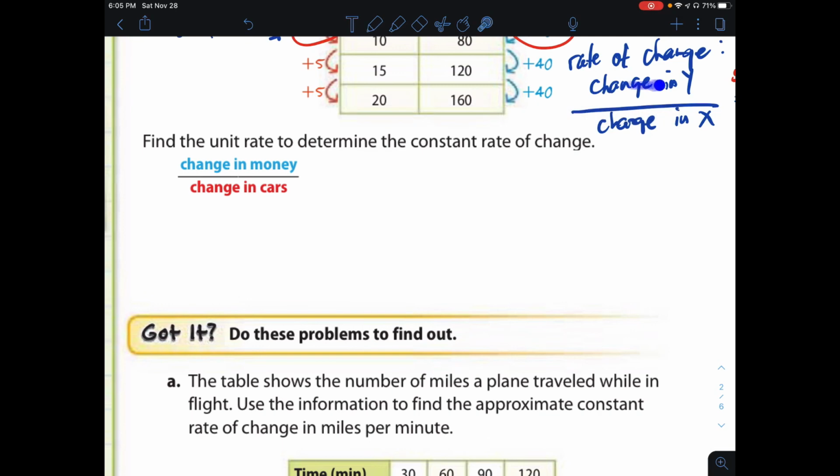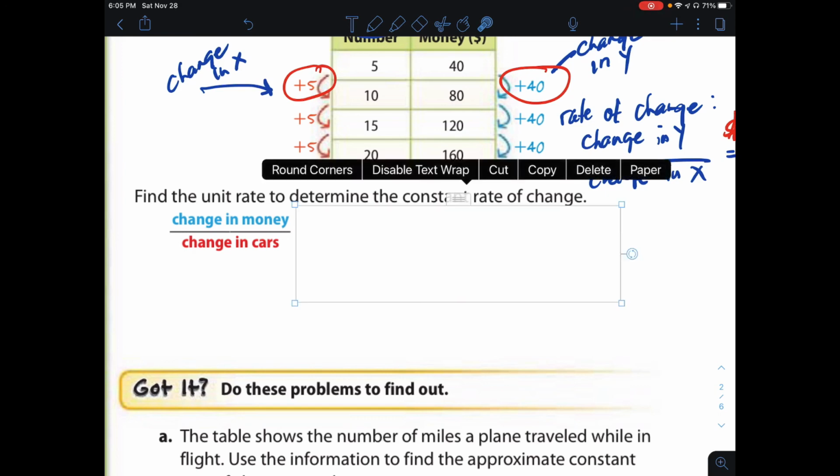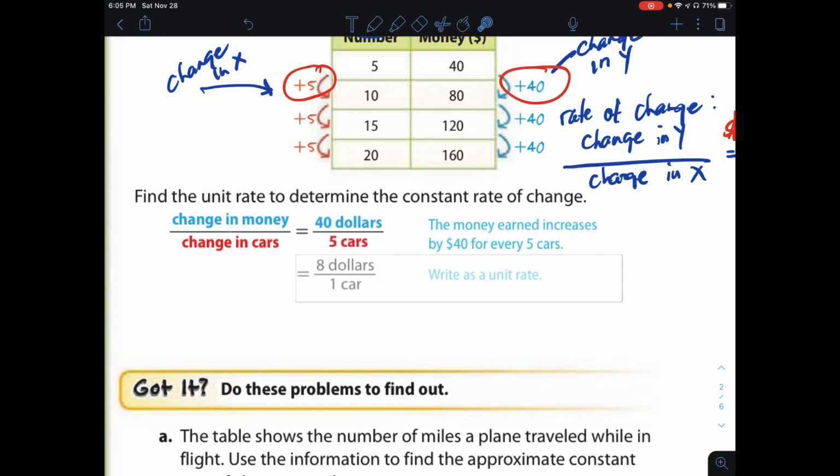Remember, our change in y will be our money, so that's change in money over our change in x, which becomes change in cars. So that follows to be $40 per 5 cars.